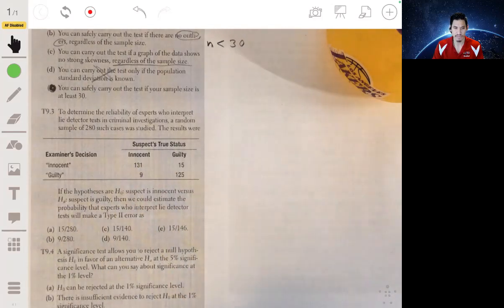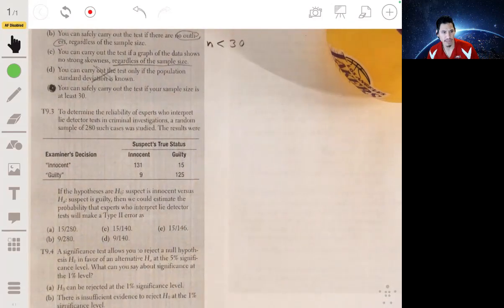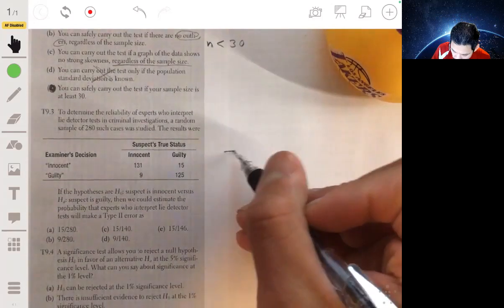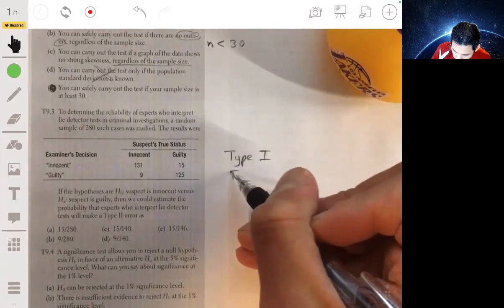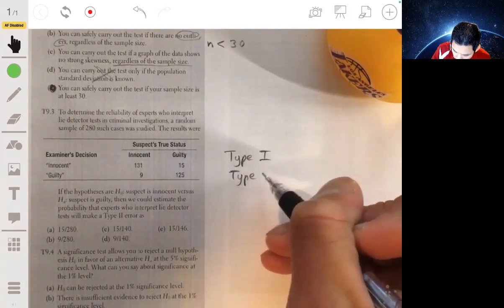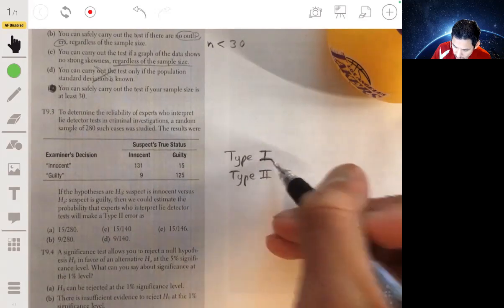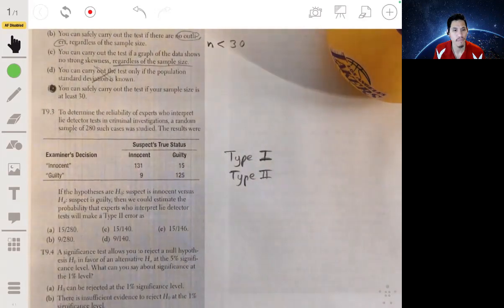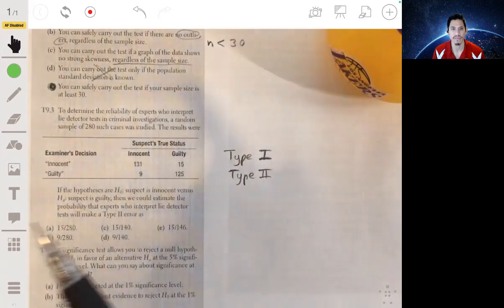All right, so let's break down what a type 2 error is and a type 1 error is. They're both bad, and they're both essentially coming to the wrong conclusion. So let's first look at what the possible outcomes could be.